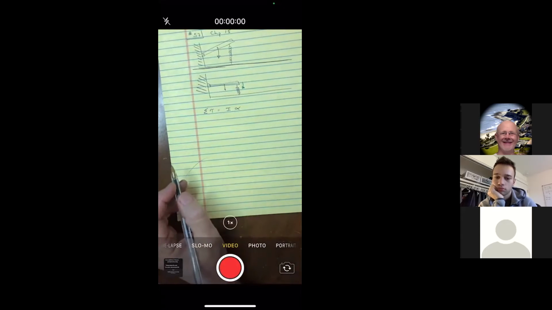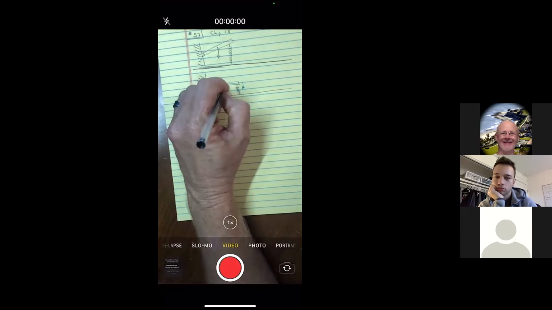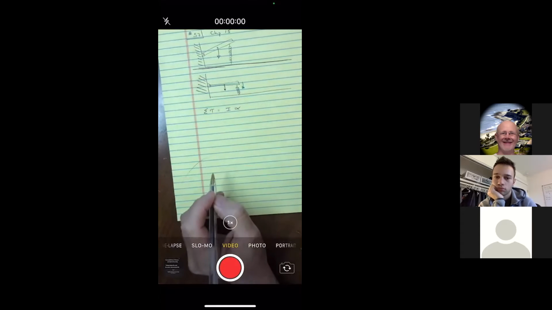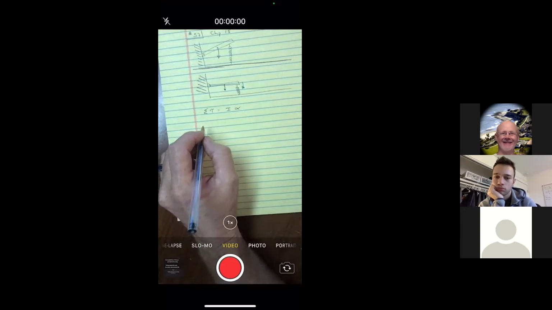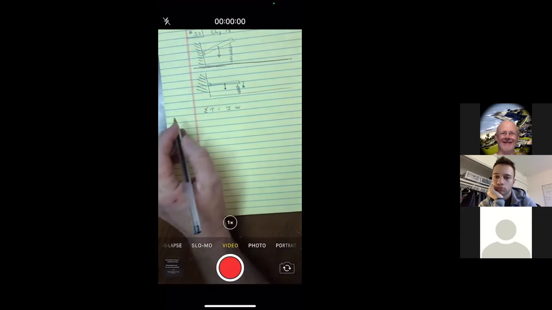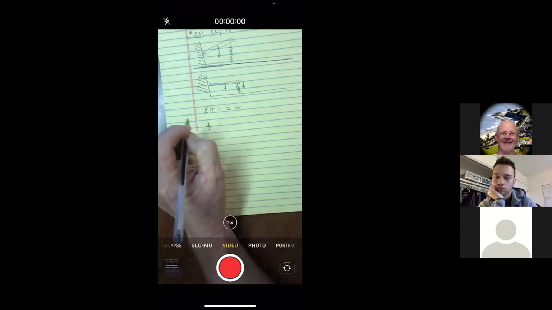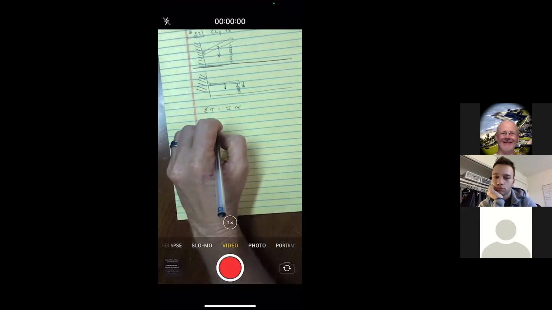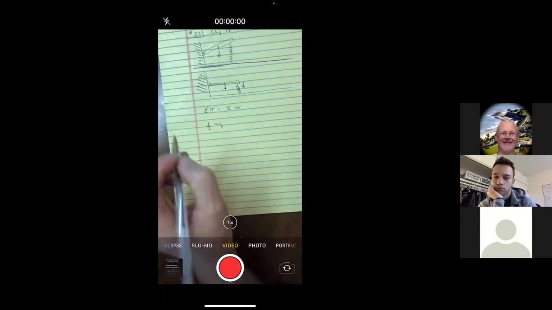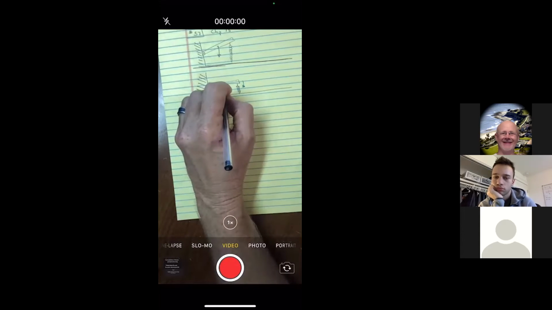So the torque from gravity would be the distance, which is half the length of the plank, so L over 2, times the weight of the plank, mg, times the sine of the angle.